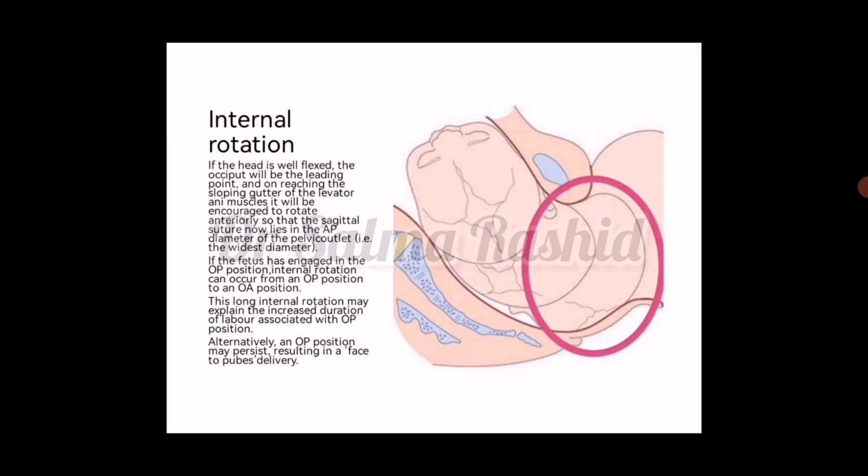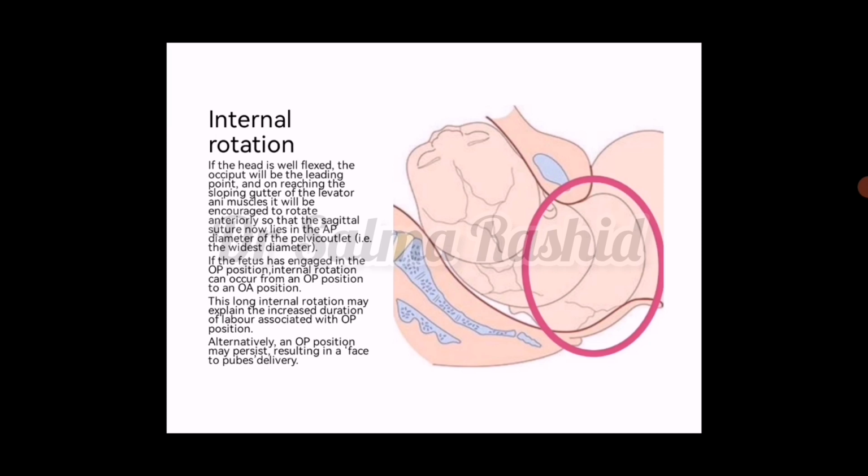Now at the pelvic outlet, the anterior posterior diameter is 13.5 centimeters and the transverse diameter is 11 centimeters. So that's why at the outlet it moves to the AP position.